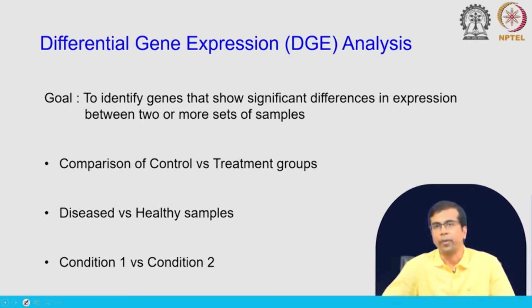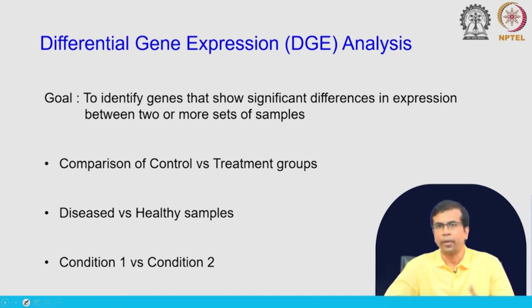So, by identifying genes that show difference in expression in the stress environment, you can identify genes that are actually involved in the process of stress response. Okay. So, in all these examples that I gave, the goal is to identify this class of genes, so that we learn more about the biology of the system, right. So, what is actually happening inside the cell, how genes are responding, which genes are responsible for what kind of task, etc., those kind of goals we have at the end.